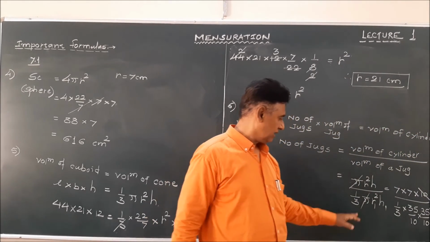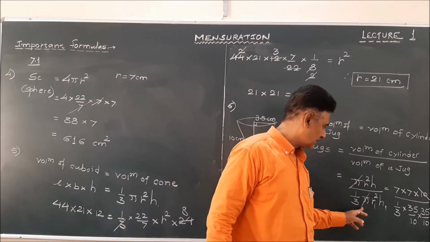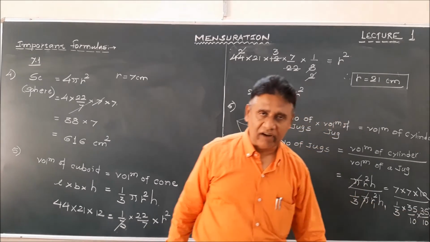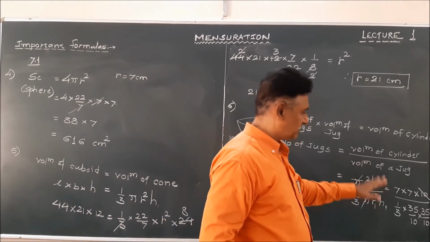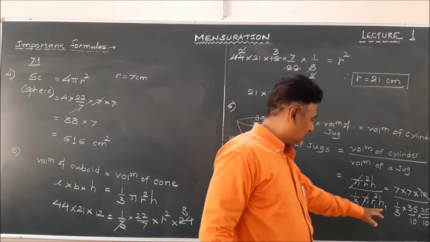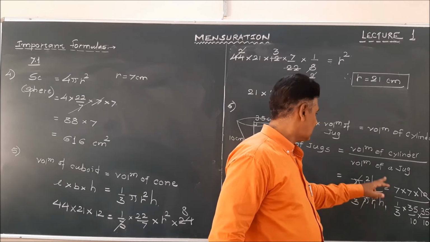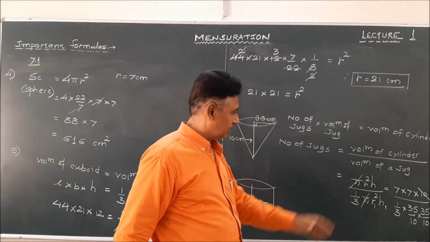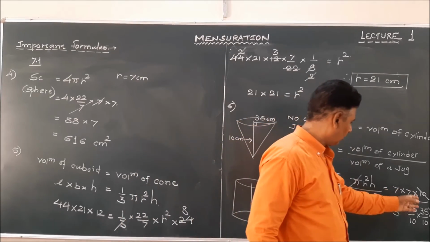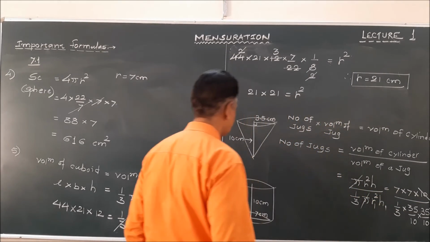Try to understand again. 1 upon 3 pi gets cancelled. 3.5 is nothing but 35 upon 10. 3.5 again is 35 upon 10. Height h1 of the jug is given as 10. So I substitute here 10. 10 from numerator and denominator gets cancelled.